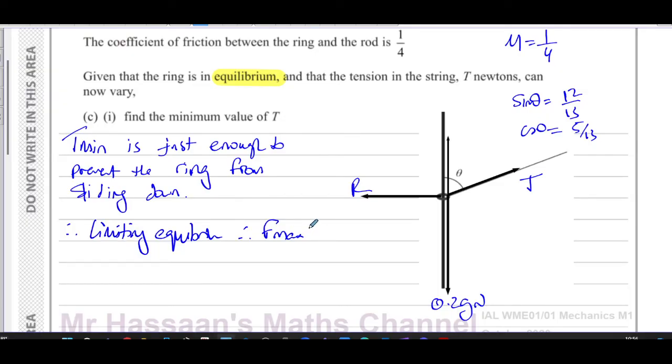It's called F max, because we know that the frictional force can vary between 0 and its maximum possible value in that situation. Like, for example, you have something on the ground, you pull it this way, it's a rough ground. If you don't pull it, there'll be no friction. Friction will be 0. But if you pull it, then the frictional force will match whatever that pulling force is. It will be the same.